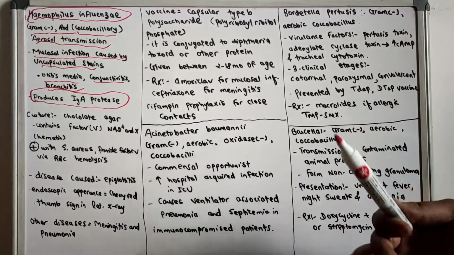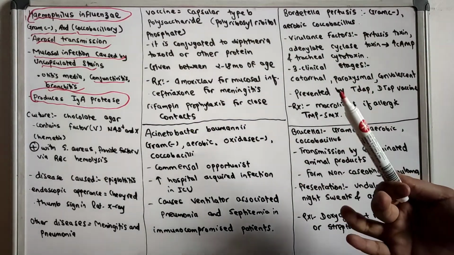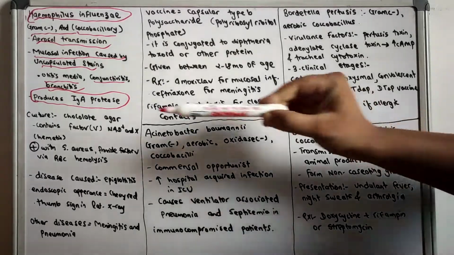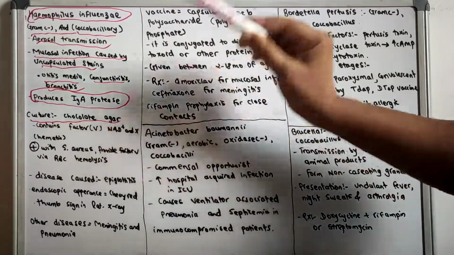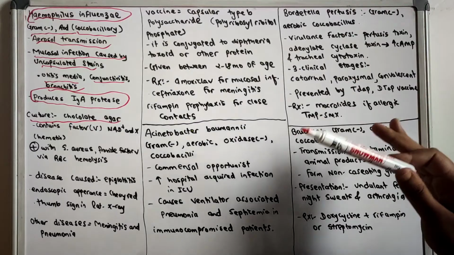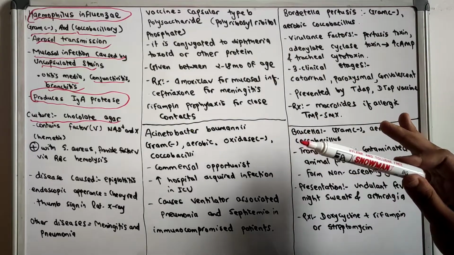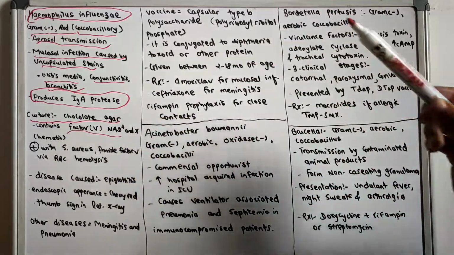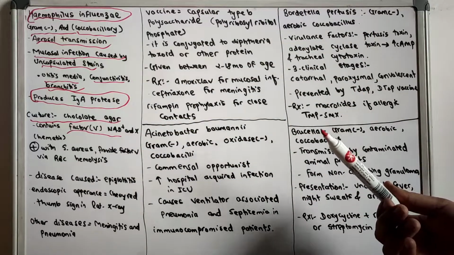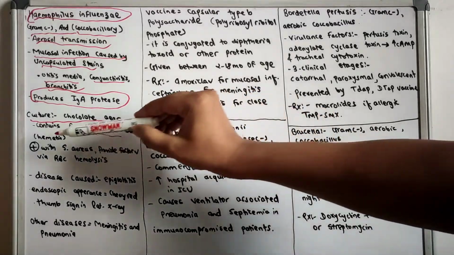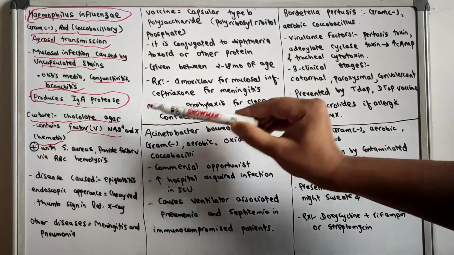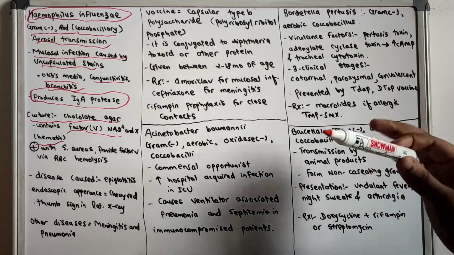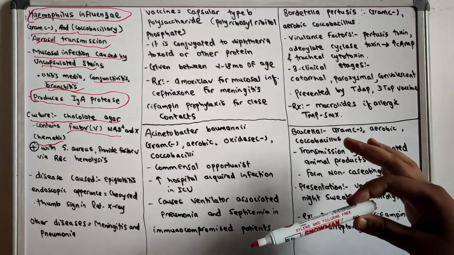So how do we culture Hemophilus influenzae? It is cultured on chocolate agar, because it needs factor 5 and factor 10 for its growth. Factor 5 is NAD plus, nicotinamide adenine dinucleotide, and factor X is hematin. Both factor 5 and factor X are available in the chocolate agar.